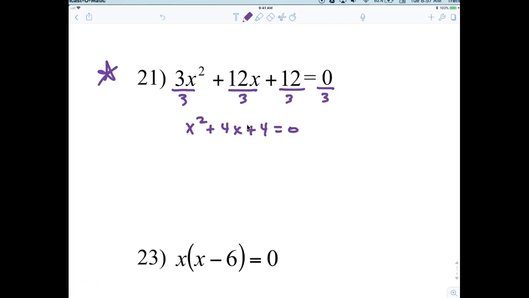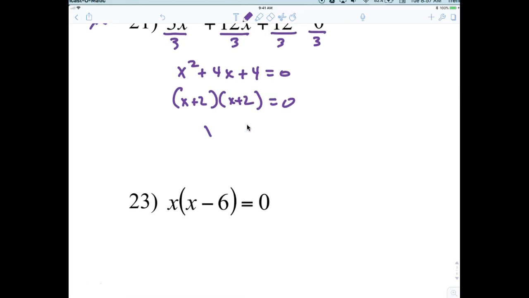Now we're going to factor this into x plus 2 and x plus 2. So x equals negative 2.